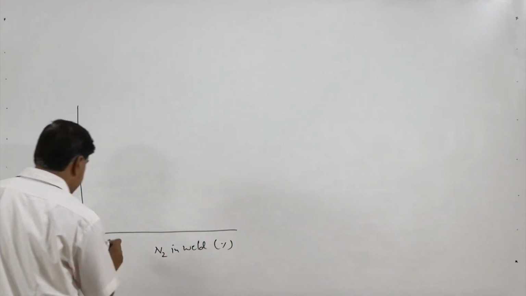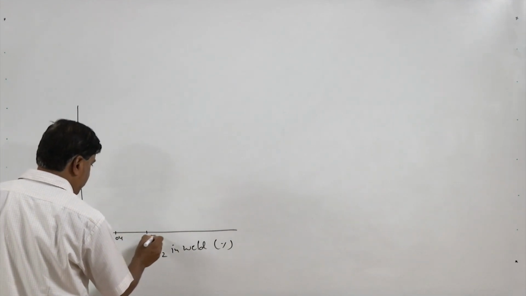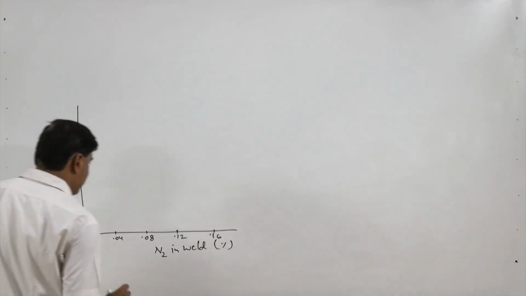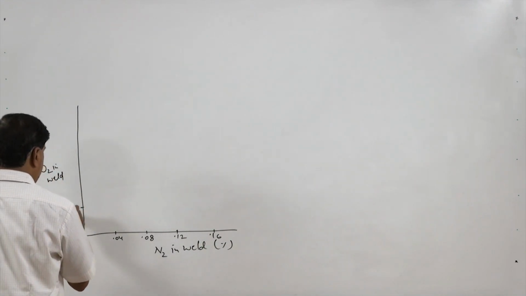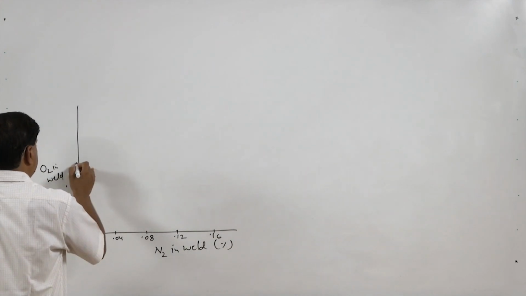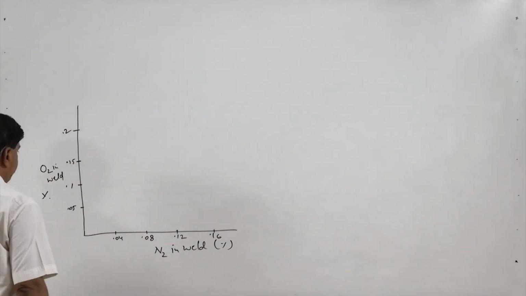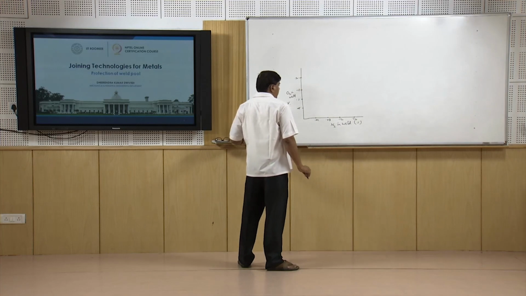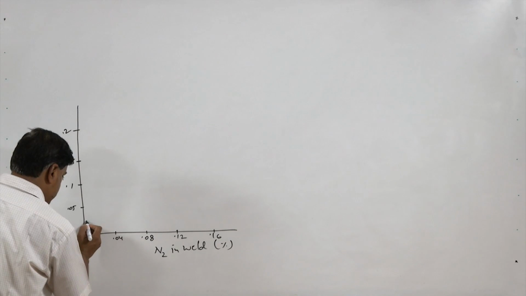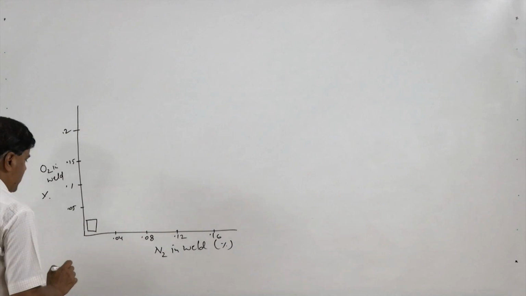So, here, like say 0.04, 0.08, 0.12, 0.16 like this, and here 0.05, 0.1, 0.15 and 0.2. So, here we will see a very narrow band of oxygen and nitrogen.